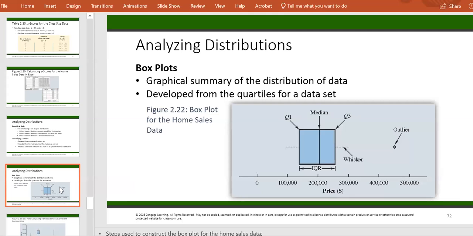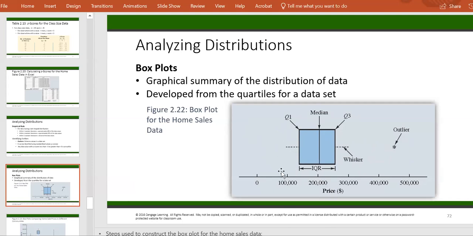Next one, box plot. That's basically the last tool that we're going to talk about in terms of analyzing the distribution. This is a graph, and as you can see here, it's a horizontal graph; Excel, as we're going to see in our example, is going to give you a vertical one.